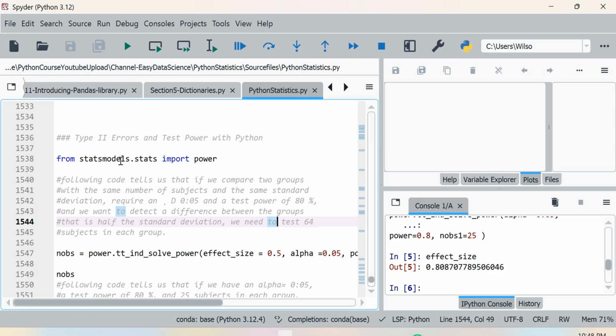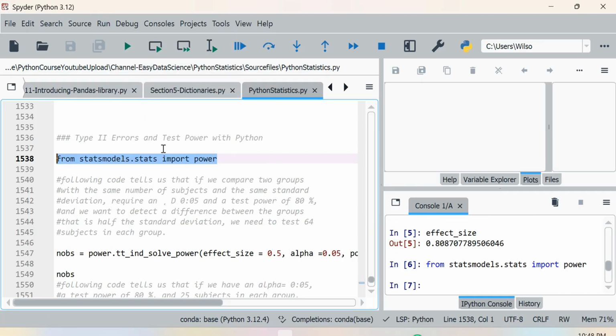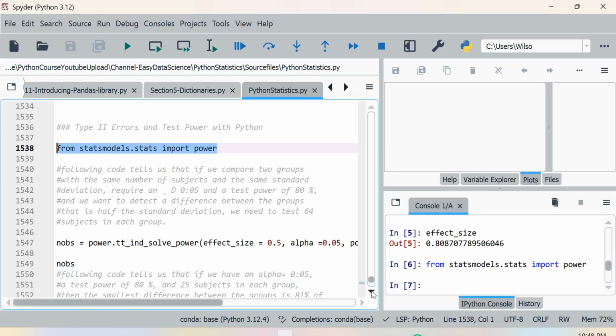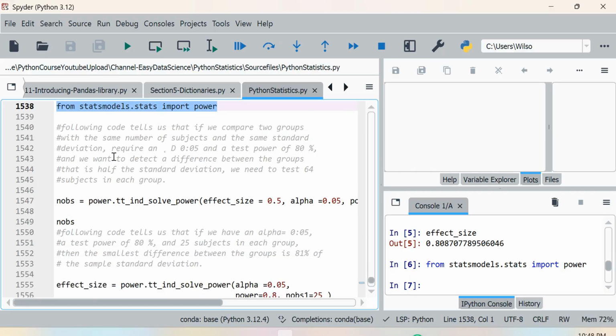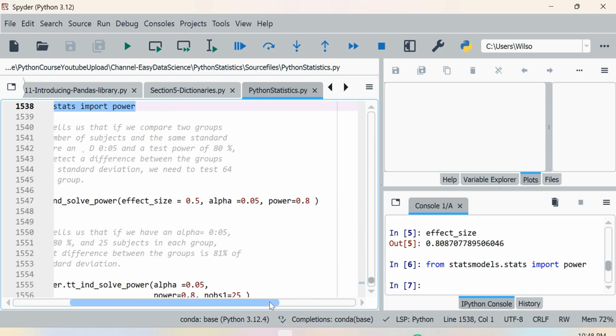Then we go to Python and import this module from the stats module. Say we want to get the minimum sample size if we want 80% power in a test, with the significance level, which means alpha or the type 1 error, controlled at 0.05, and we will find an effect size of 0.5.